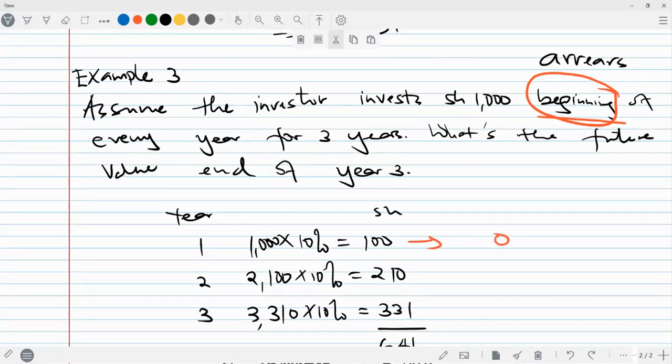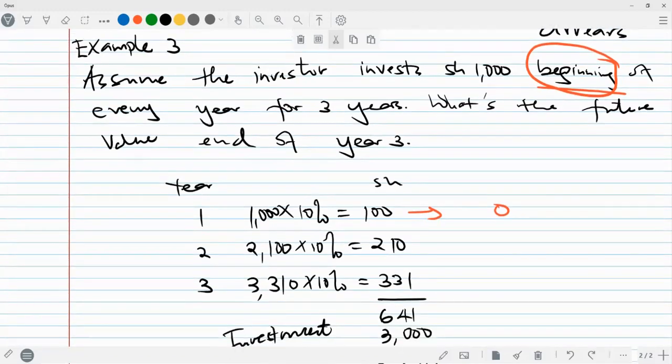Year 1 you earn nothing because you are investing at the end of year 1. In year 2 you'll actually be having 1,000, because you invested at the end of year 1. Beginning of year 2, you have 1,000, which you have just invested in the previous day, the end of year 1. Therefore, you'll be having 1,000 here, and 10% gives us 100.